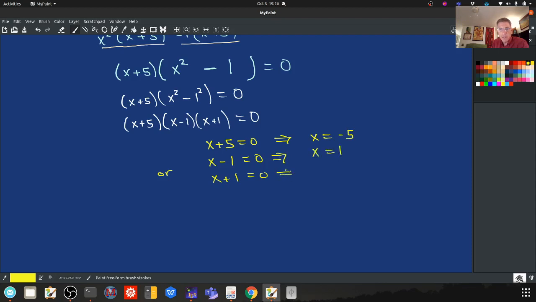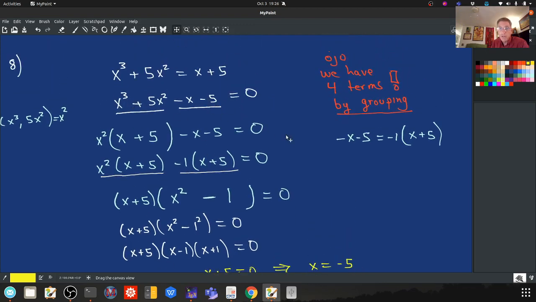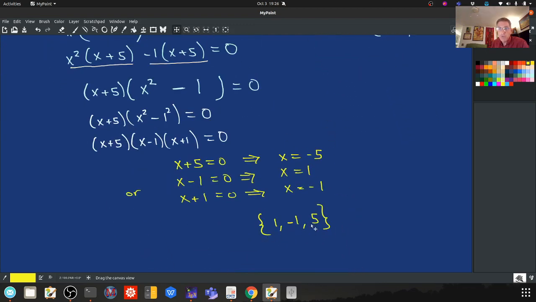And this implies x is equal to minus 1. So again, I have a degree 3 polynomial, and I have three solutions. And that's as many as you will ever have when you have a degree 3 polynomial. We started out with a degree 3 polynomial, so at most we will have three distinct solutions.